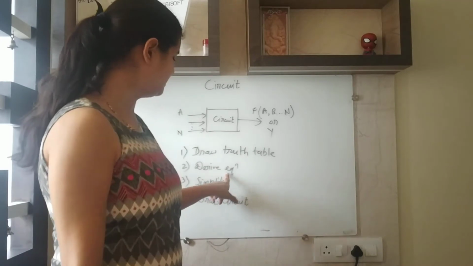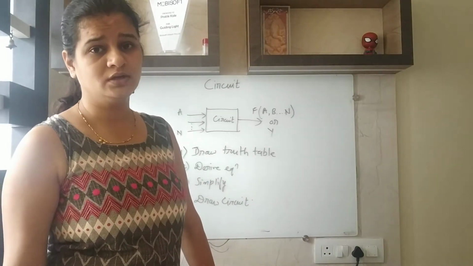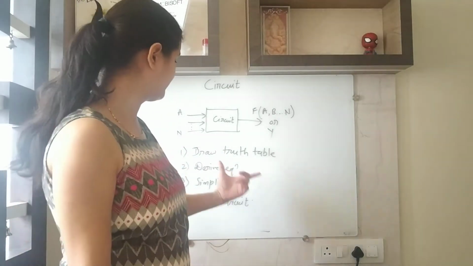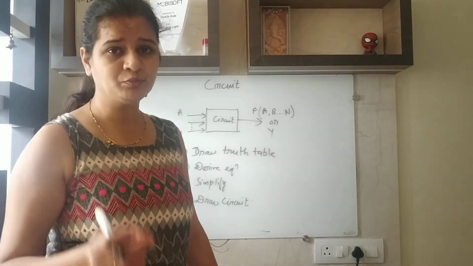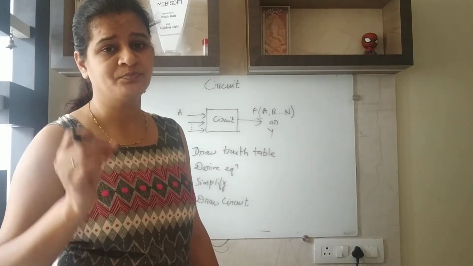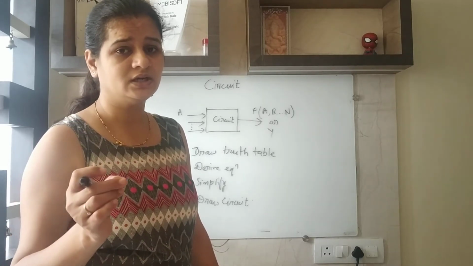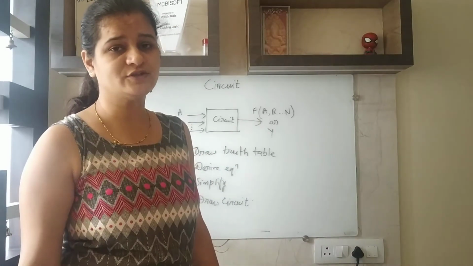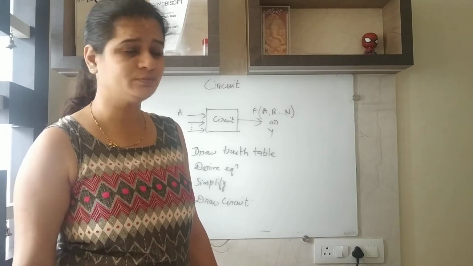Next is what? We have to derive the equation. To derive the equation, we have to use the truth table. Whatever the expected output in the truth table, for that we have to design the expression or equation. That equation may be in the form of SOP form or POS form, and that equation is called a Boolean expression, right?